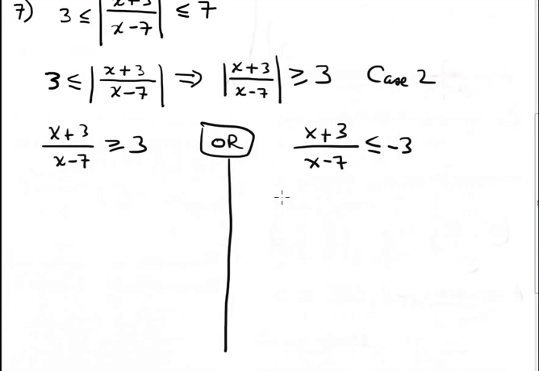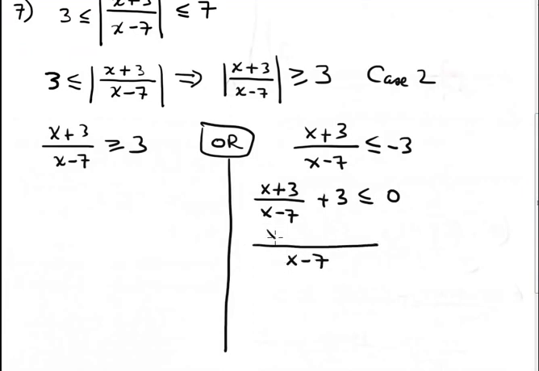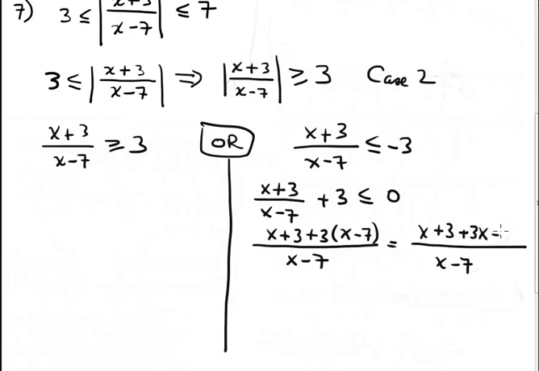Let's solve this part first. x plus 3 over x minus 7 plus 3 less than or equal to 0. With the common denominator x minus 7, we get x plus 3 plus 3 times x minus 7, which is x plus 3 plus 3x minus 21.